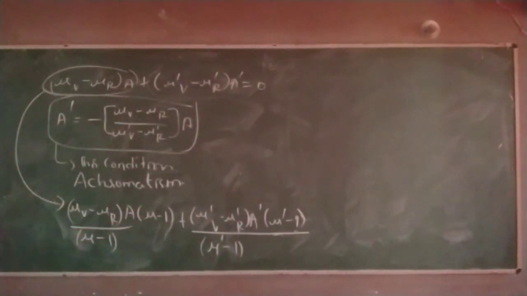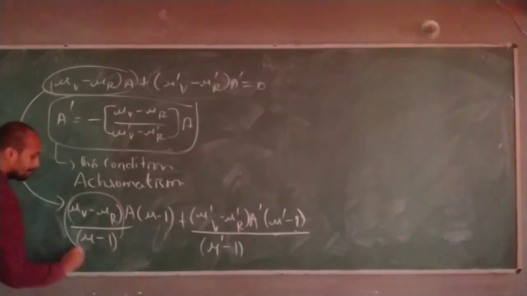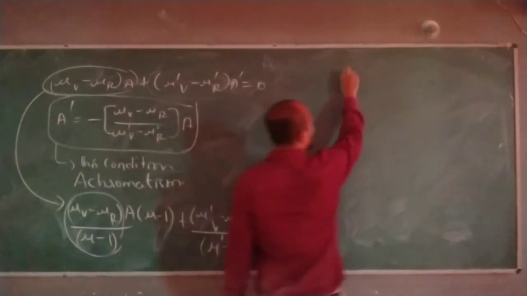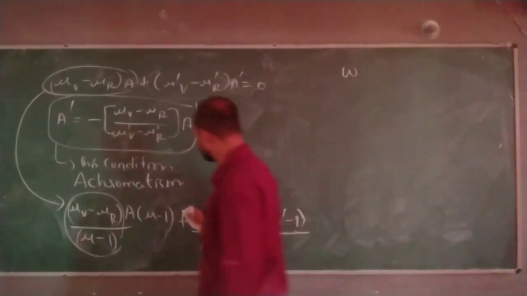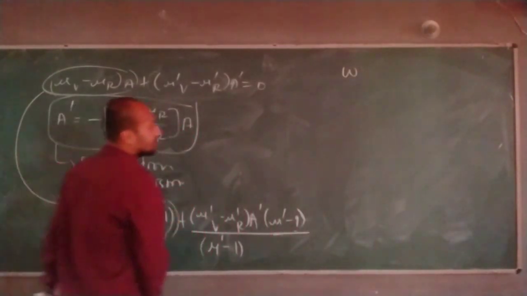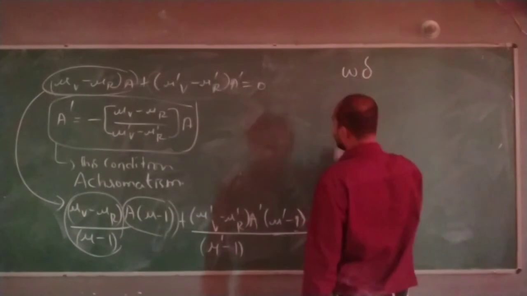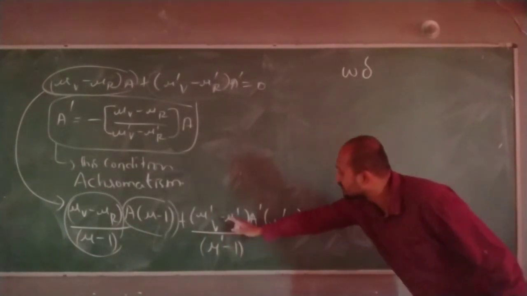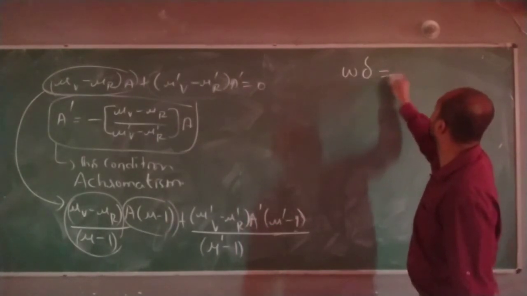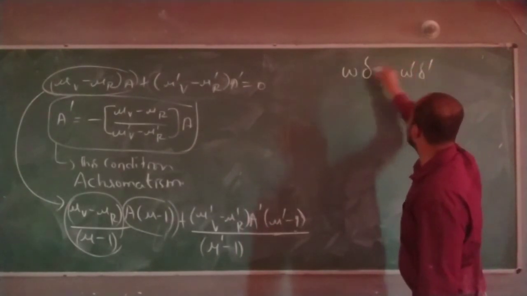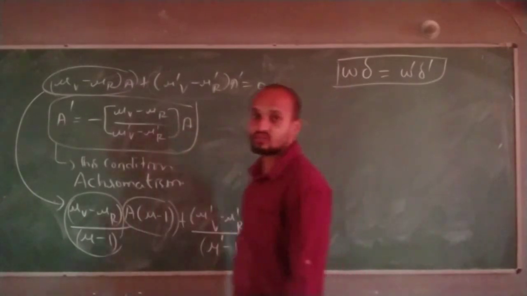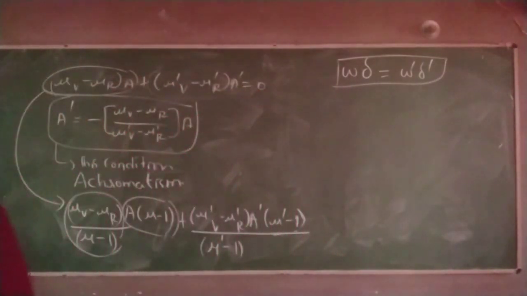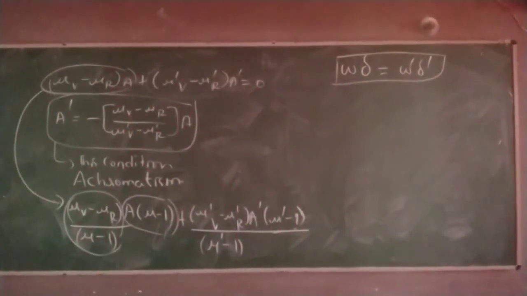I just multiplied by mu minus 1 here and mu dash minus 1 there. This is nothing but omega, the dispersive power. This is nothing but the mean deviation. So omega dou will be equal to omega dash dou dash. This is also one of the fantastic relations we have. This is about combination when there is no dispersion but deviation.